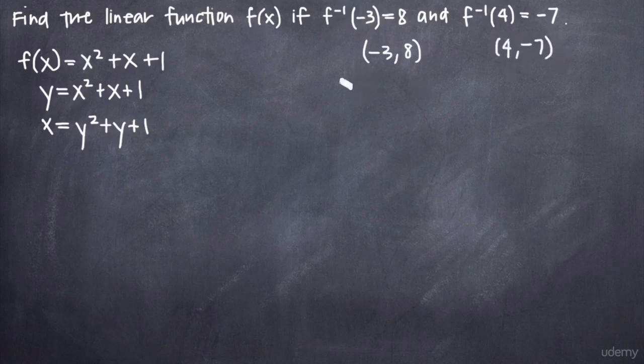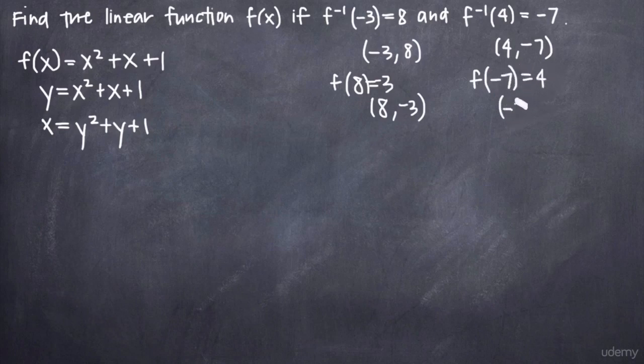On the original function, we would have the opposite case. So we'd have f of 8 is equal to negative 3, in other words, the point 8, negative 3. And over here, we'd have f of negative 7 is equal to 4, in other words, the point negative 7, 4.